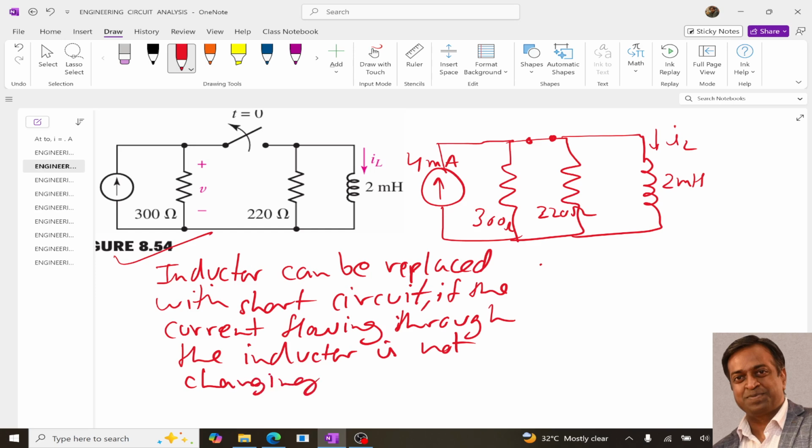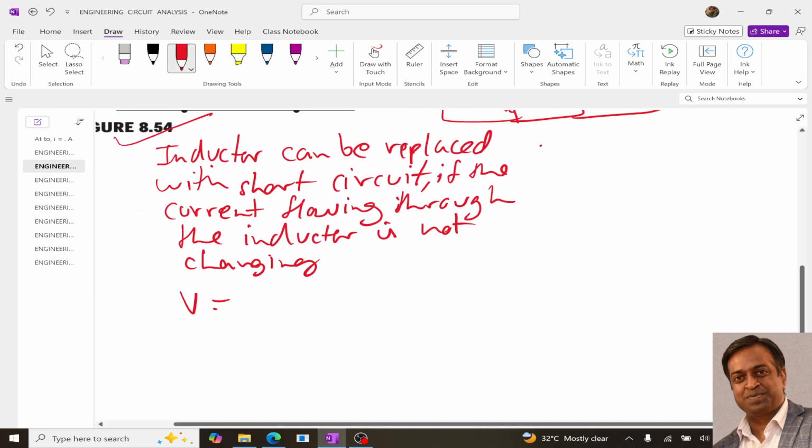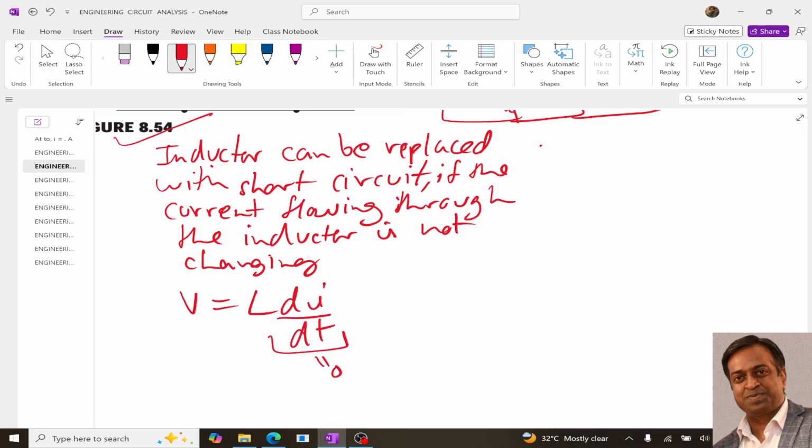How? Because we know that V equals L di by dt, and if the current is not changing, this expression becomes 0, and L into 0 equals 0. So our voltage will be 0 volt if the current is not changing.